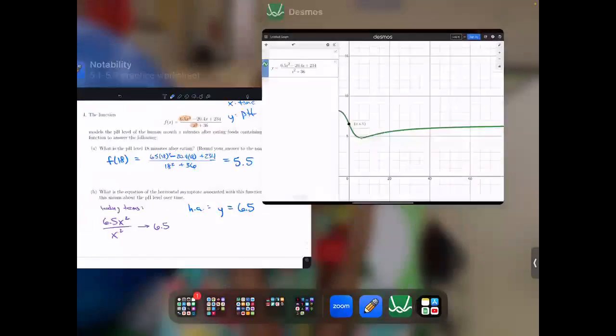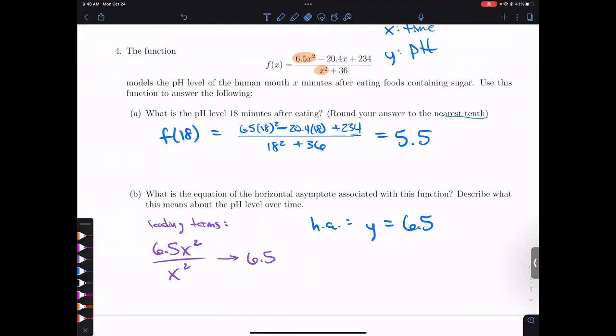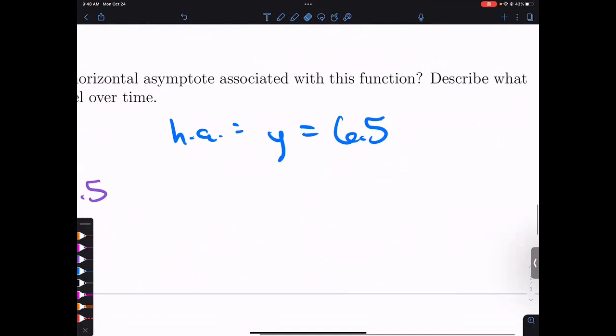So how would we describe what that means about the pH level over time? I could say something like the pH, well, a horizontal asymptote is a leveling off or approaching thing, right? So I might say something like the pH is, does leveling have 3 L's in it?